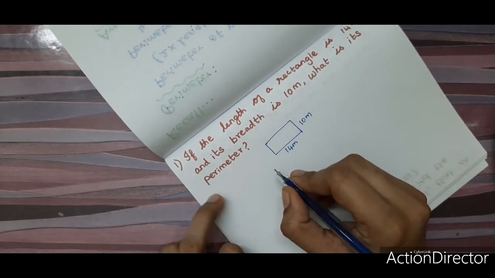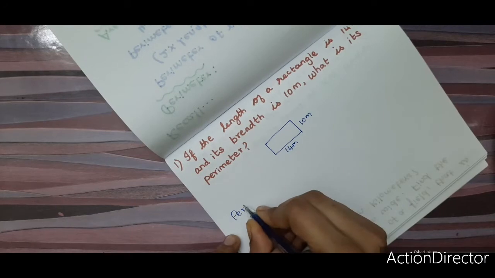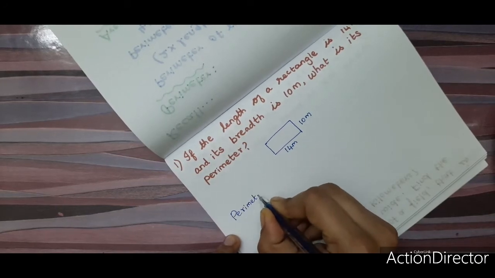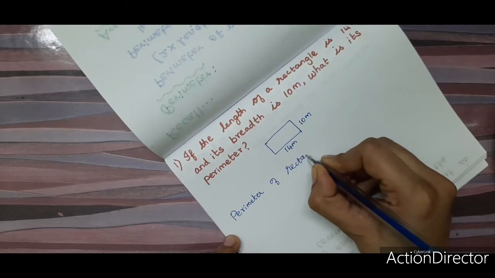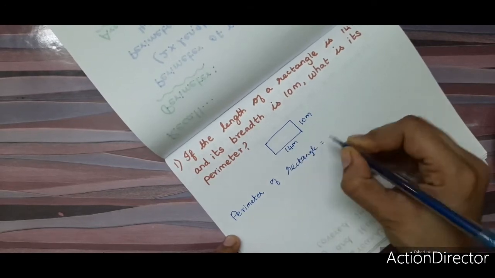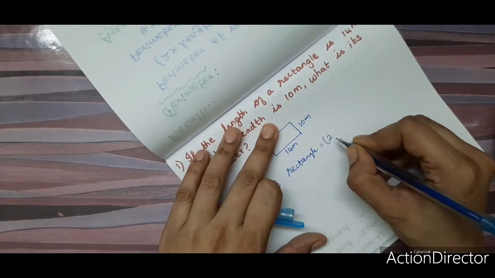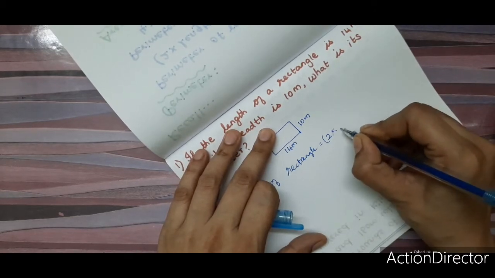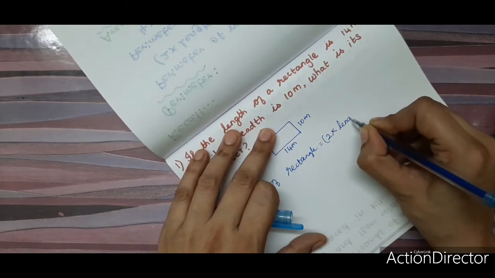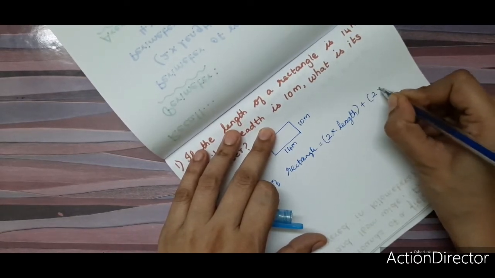Now we are going to calculate the perimeter of rectangle. The formula for perimeter of rectangle is 2 into length plus 2 into breadth.